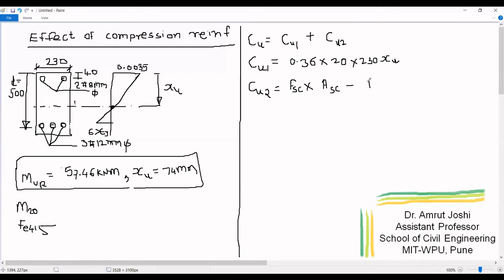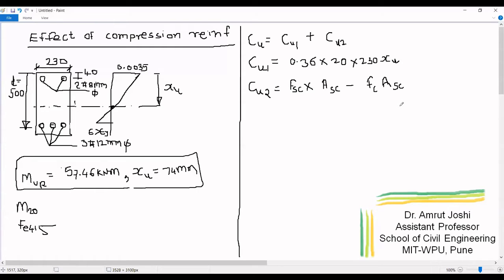So that I will call it as FC. So what is FC? FC is the stress in concrete at the level of compression steel multiplied by area of concrete which is removed. So that area is same as area of compression steel that is provided. So I will write it as FSC minus FC into ASC.